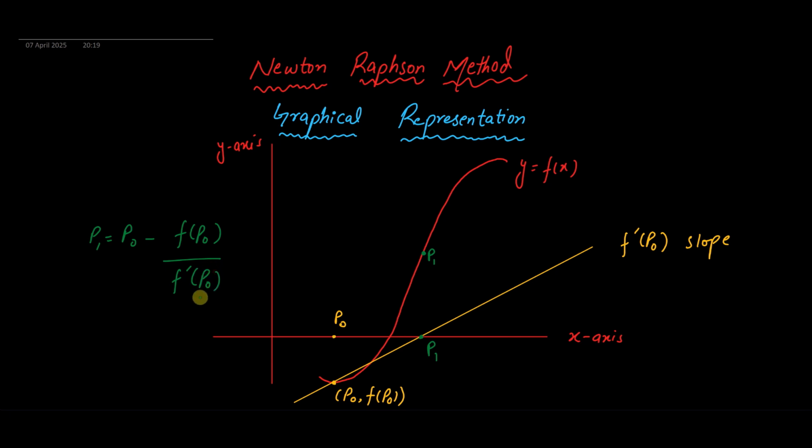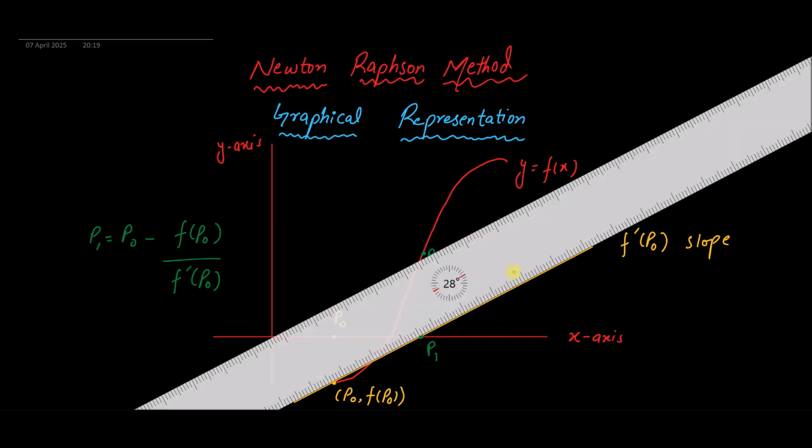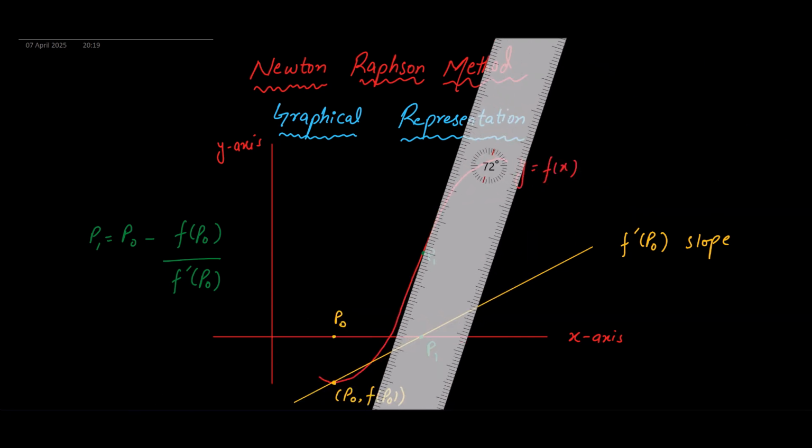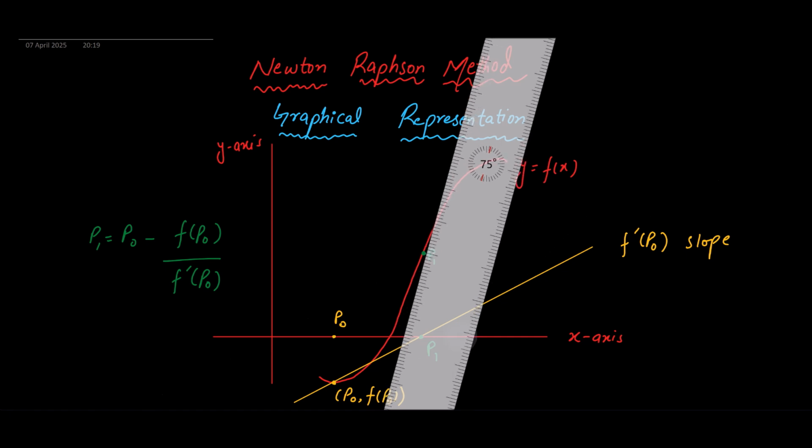Now we repeat the same process at P1 and we plot P1, f of P1, by drawing a tangent line. So this is our new tangent line we are going to draw here.